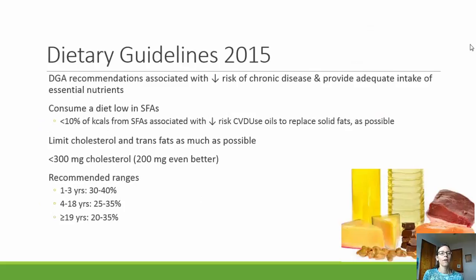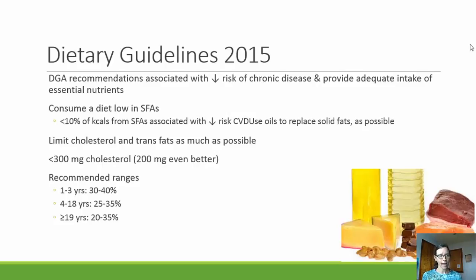Okay, so the dietary guidelines for 2015 did have some changes in fat recommendations compared to prior guidelines. And in a few weeks, on our last week of lipids, we're really going to look at the evidence behind these changes because this is really new for a lot of us in nutrition.